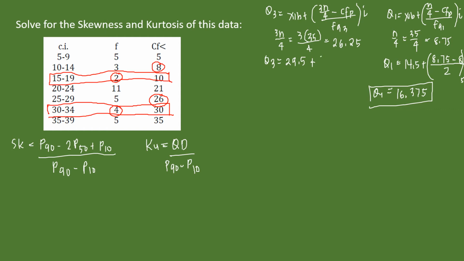So it should be 26.25 minus 26 divided by 4 times 5.